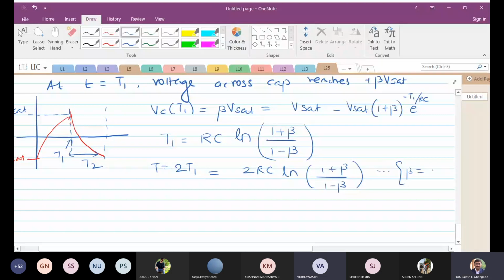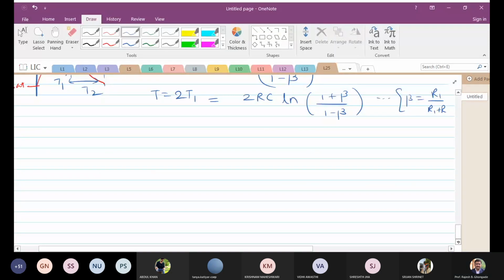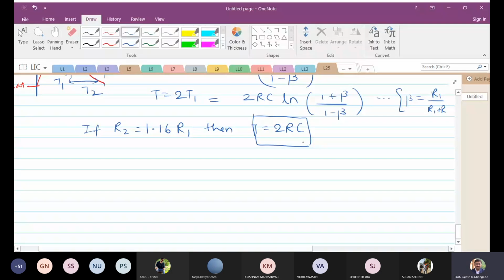R1 upon R1 plus R2. So if you put this, we arrive at the same equation we saw earlier. And then I say that if R2 is 1.16 times R1, then it simplifies to 2 times RC only, which is a very simple thing to remember. Is that fine? Yes, sir. Okay. So with that, we finish with the square wave generator.